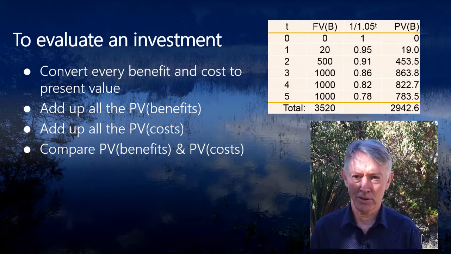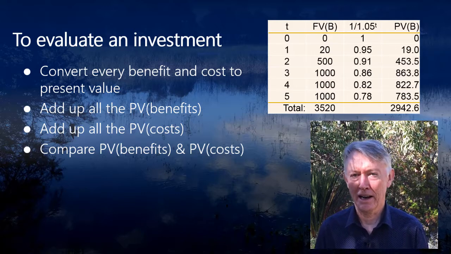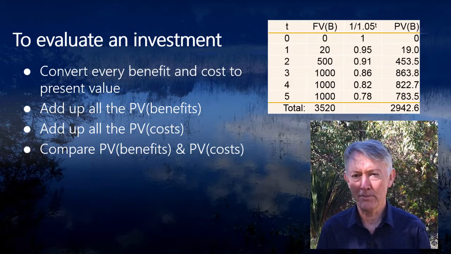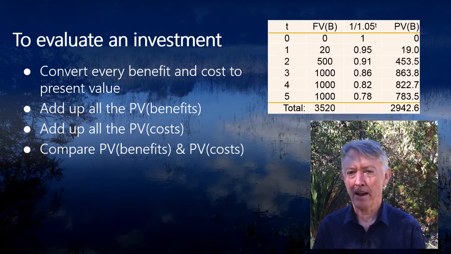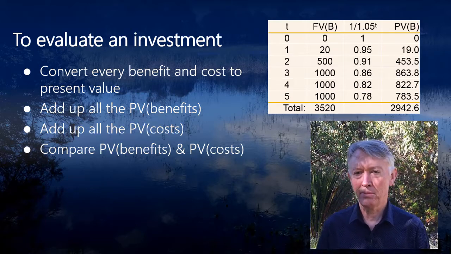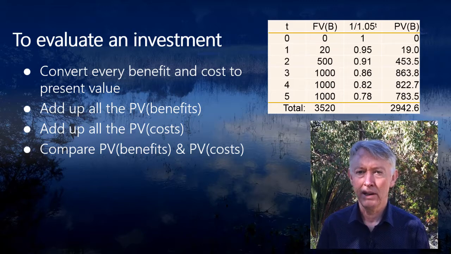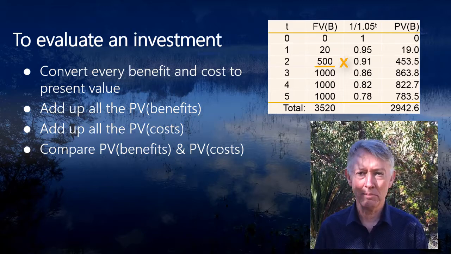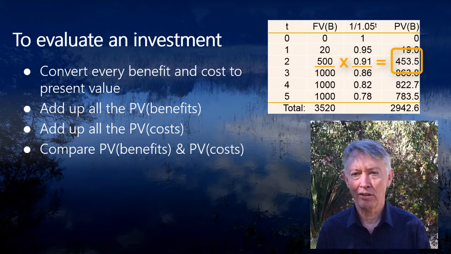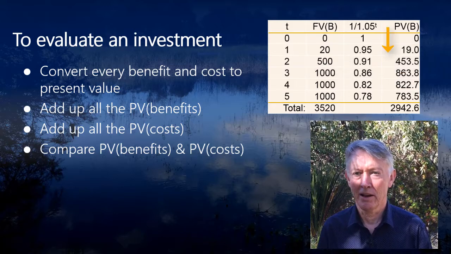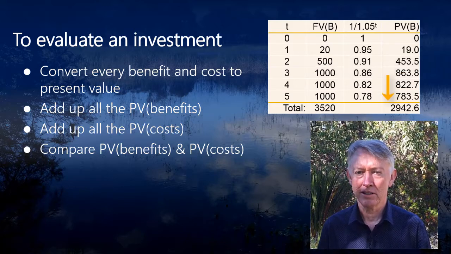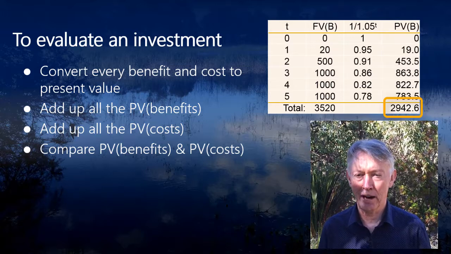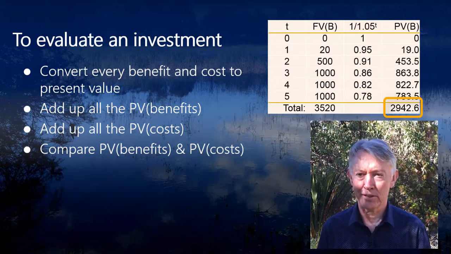So the first 3 columns are the time, the future benefits, and the discount factor. And then the present value of benefits in the last column is just the future value times the discount factor to give you a present value. And then we add up those present values to give us the total or aggregate present value of benefits.